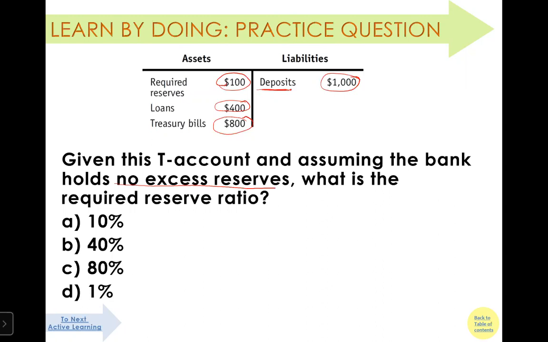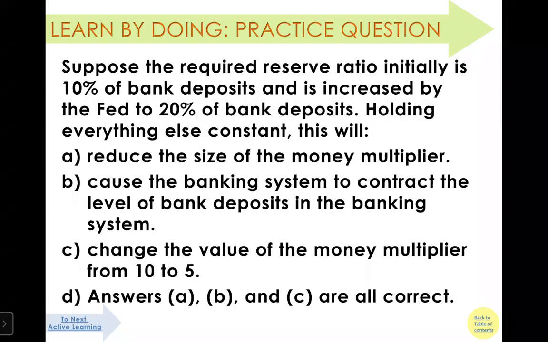The question asks what the required reserve ratio is, and the required reserve ratio will be 100 divided by 1,000, which equals 10%. So this is this practice question. Let's look at another practice question.